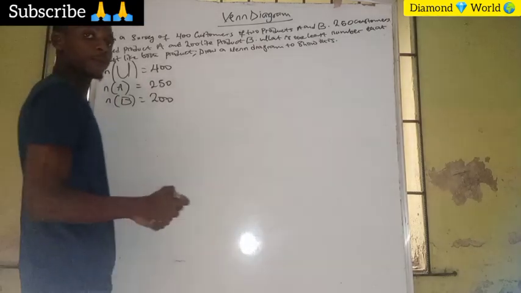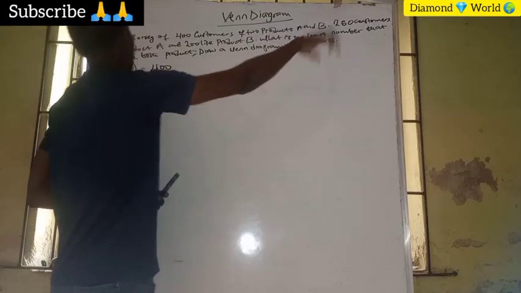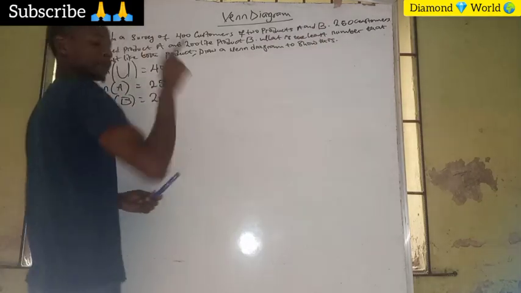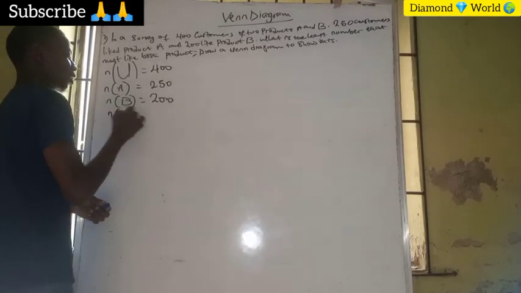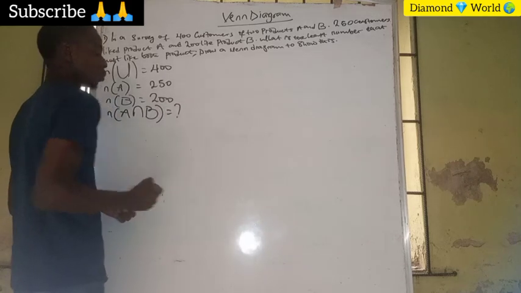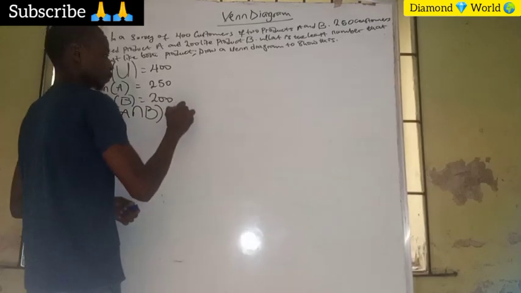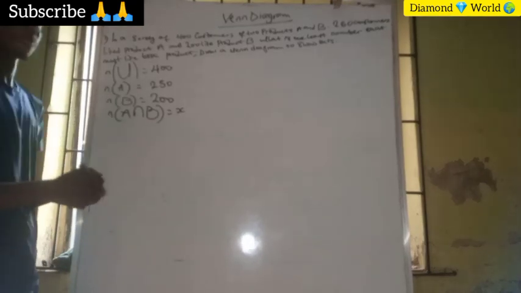The number of A and B, which is the least that like both products: A notation B equal to unknown. Let's say X. Now we have this.